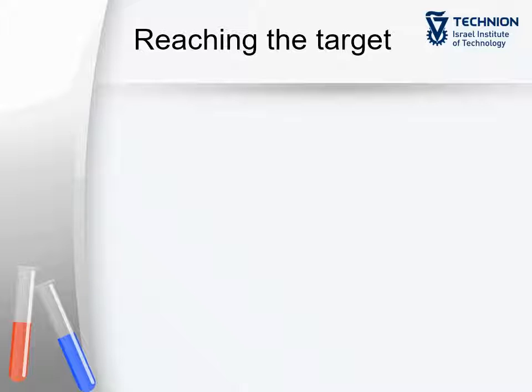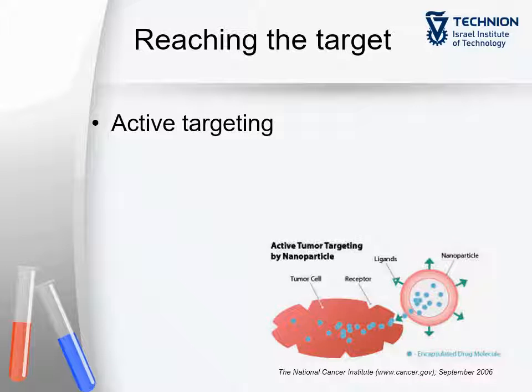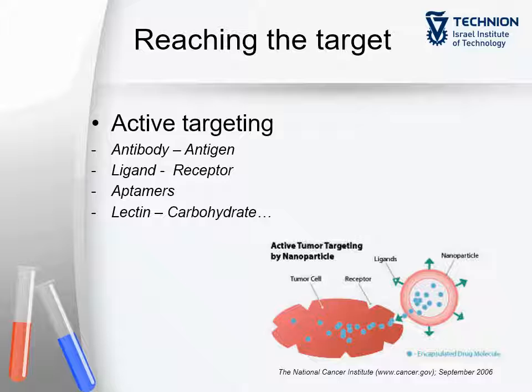On the other hand, active targeting can be achieved by molecular recognition of the disease cells by various signature molecules overexpressed at the disease site, either via ligand-receptor, antigen-antibody interactions, or by targeting through aptamers.